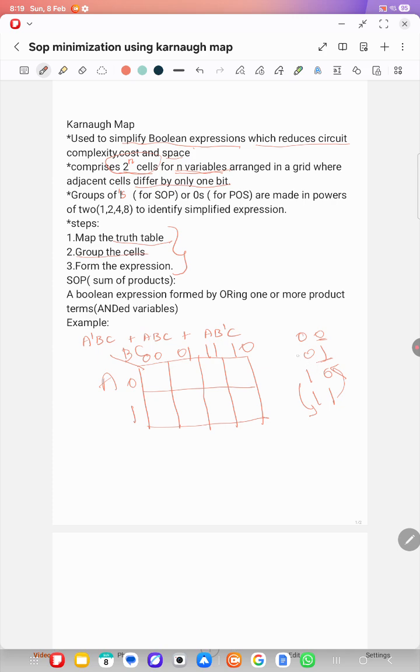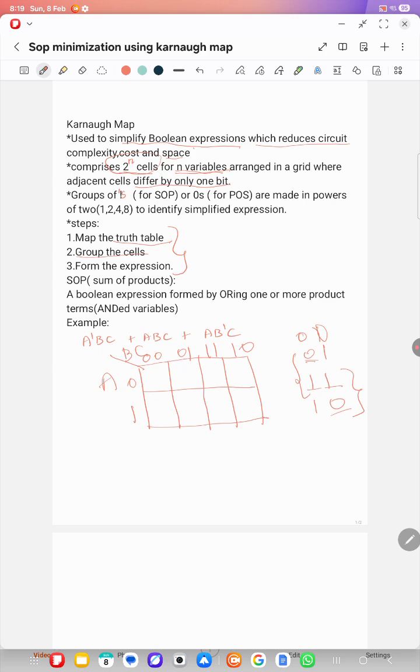If it is in the normal order, then 0 and 1 also varies, and 1 and 0 also varies. Here it is in this order, 01, 11, 10, so these are adjacent because they differ only in this bit, and these two are adjacent because this differs by 0 and 1, and these two are adjacent because they differ in the least significant bit.